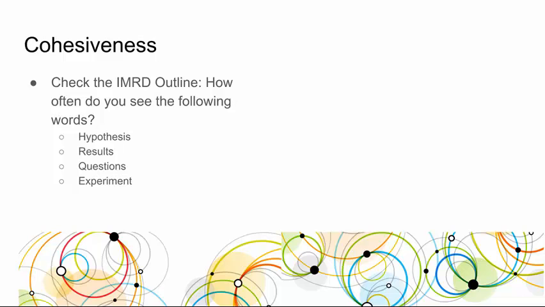So, go ahead, take one. I'm going to pass out one for every 2 people because I don't think I have that many. So you can work together and find these words: hypothesis, results, question, experiment, and see how many times you can find some of these words because they'll show up multiple times.